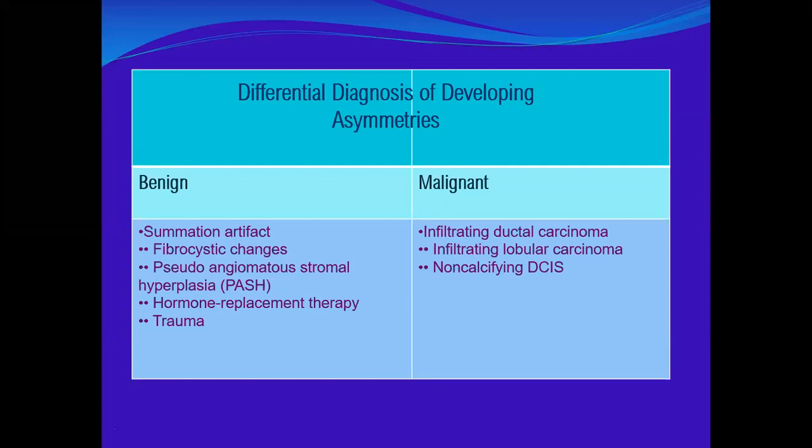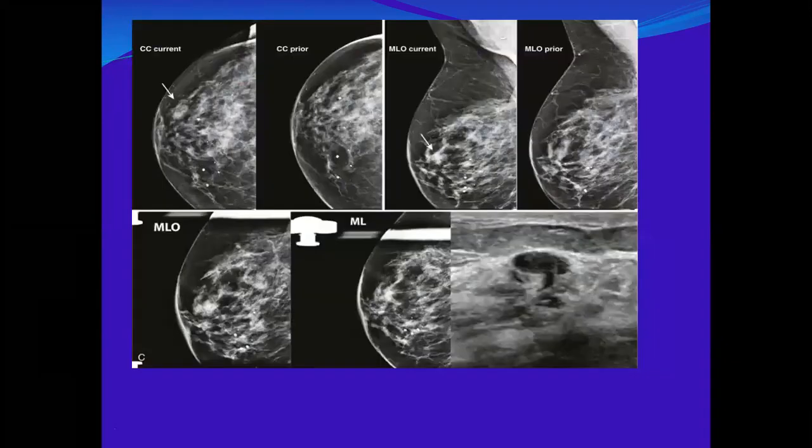It can be infection, residual post infections, whatever. These are benign differential diagnoses. While malignant, it can be infiltrative ductal, infiltrative lobular, and non-calcified DCIS, or even tubular. You see, these types of malignancy can usually present as asymmetry.